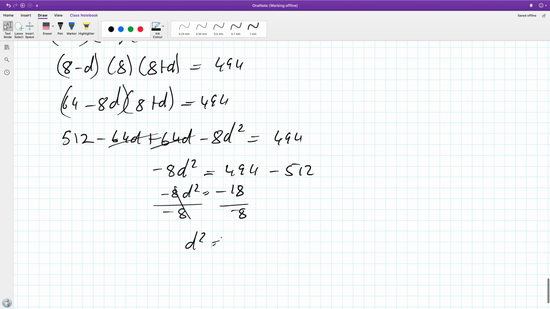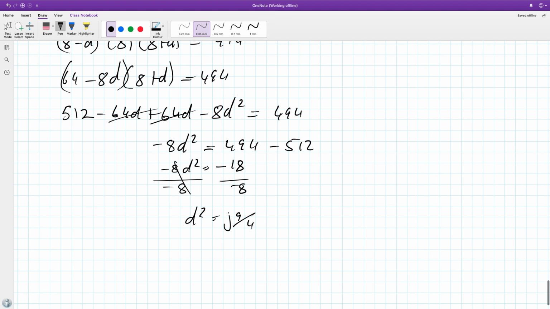D squared is equal to 9 over 4. Square root of 9 over 4: D is equal to 3 over 2. If you had done that right from the beginning, you would have saved yourself about 10 minutes. Simple things like that. Still 10 minutes left, guys. Let's drive on for the last 10 and get it done.